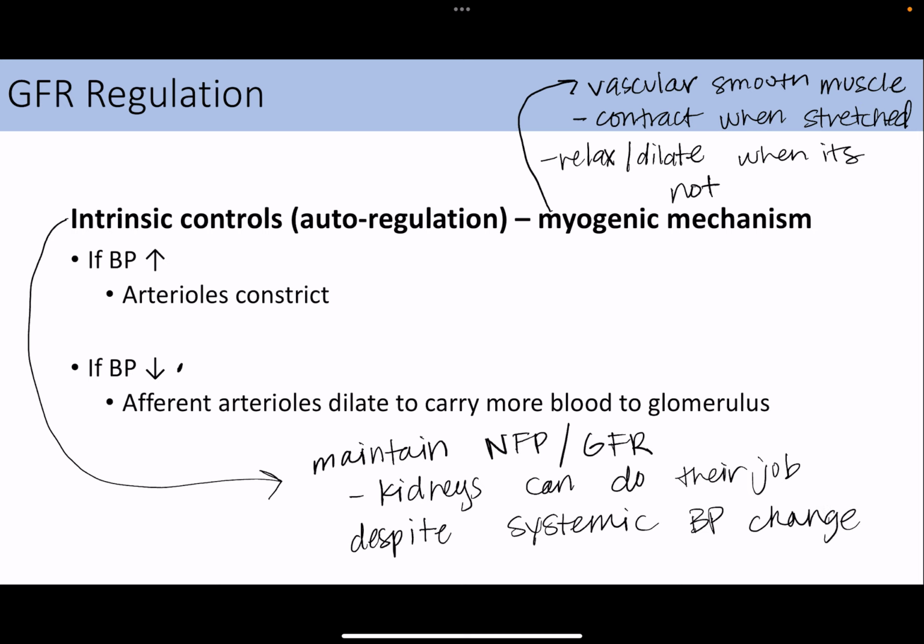So this myogenic mechanism lets the kidneys keep their GFR at 125, even if blood pressure is changing throughout the body.